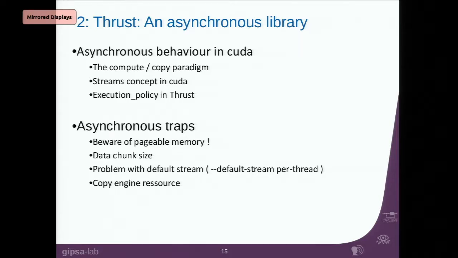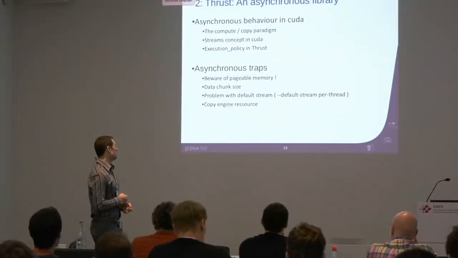But as always, when you use an asynchronous API, you have to be aware that there could be problems. There are some things that won't allow you to use the asynchronous API properly. Like if you use pageable memory, sometimes you won't be able to parallelize a copy with compute, for instance.